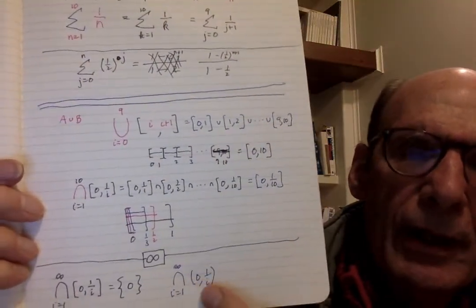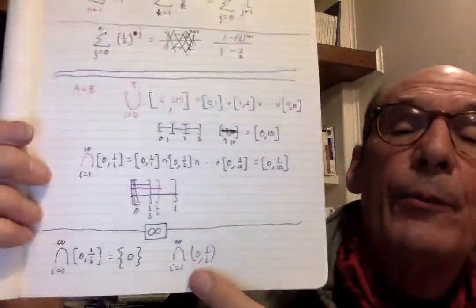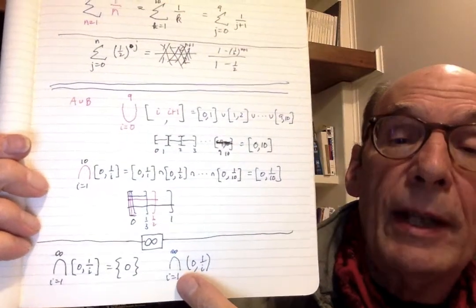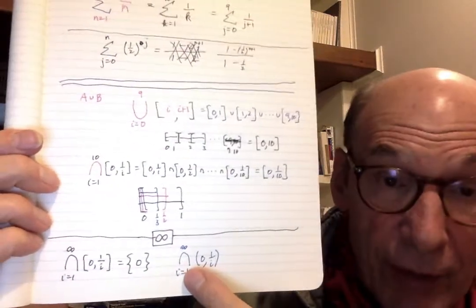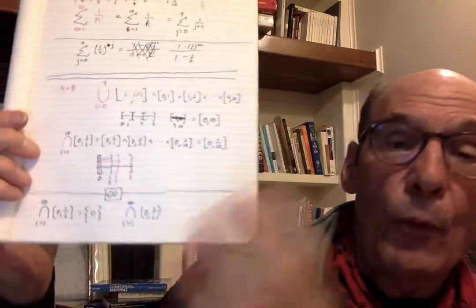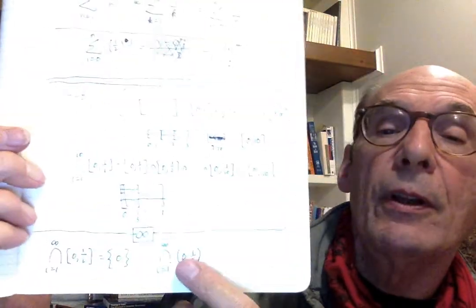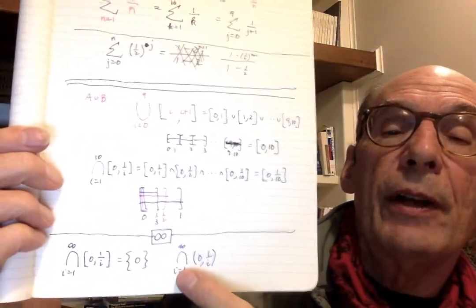And then eventually any number you would think of will be excluded from this because there's going to be a 1 over n that's smaller. That's the Archimedes principle. So this massive intersection is empty. You intersect a lot of things, you come up with nothing that's common to all of them.